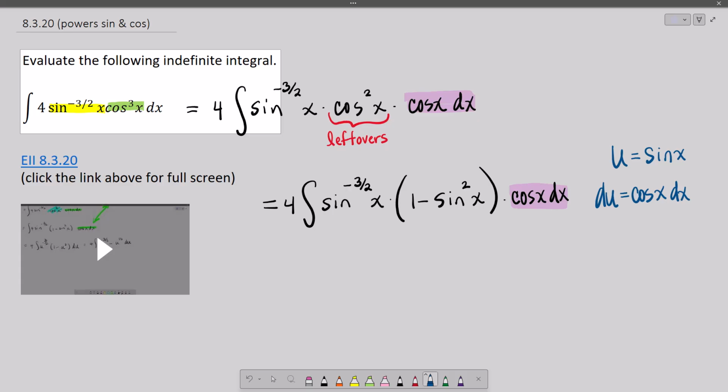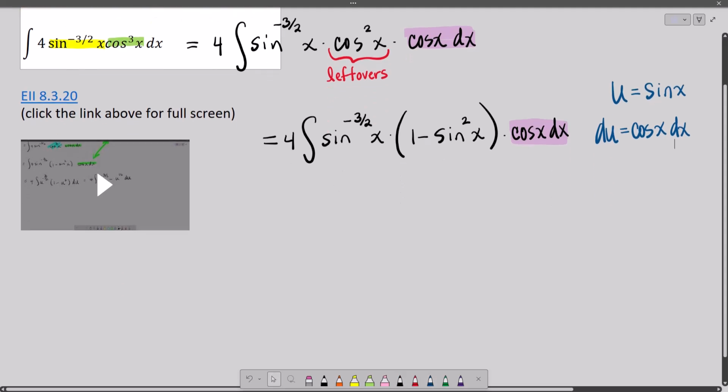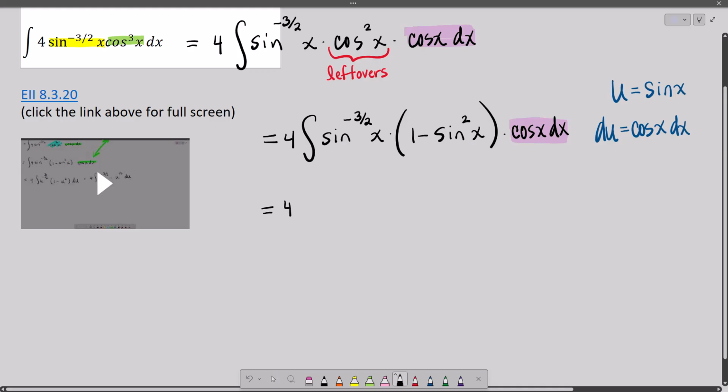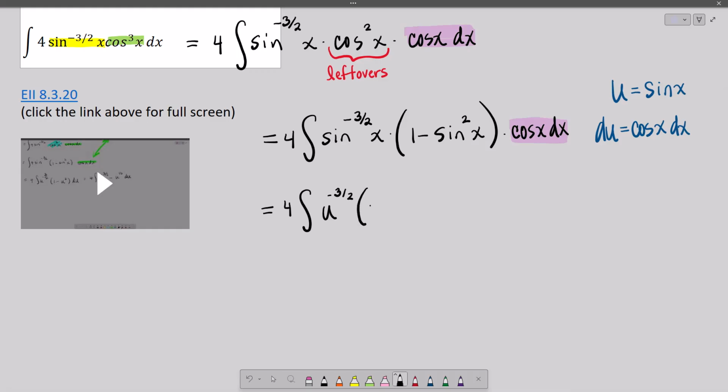And so with these products of powers, you get rid of the trig functions really fast. It's just one step to rewrite it, and then you do your u substitution, and the trig functions are gone. So this will become 4 integral u to the negative 3/2 1 minus u squared du.